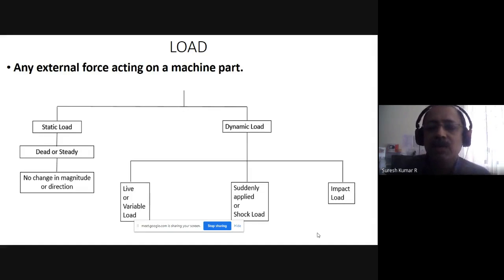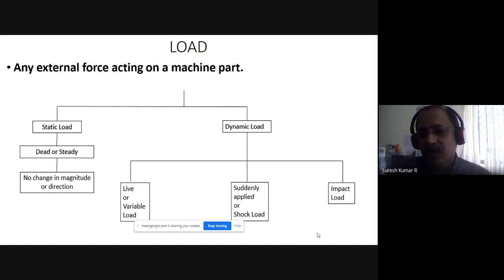It can be a live load where the magnitude continuously increases or decreases, or it can be a shock load or suddenly applied load, where suddenly from zero you apply directly a 100 Newton load, or it can be an impact load.